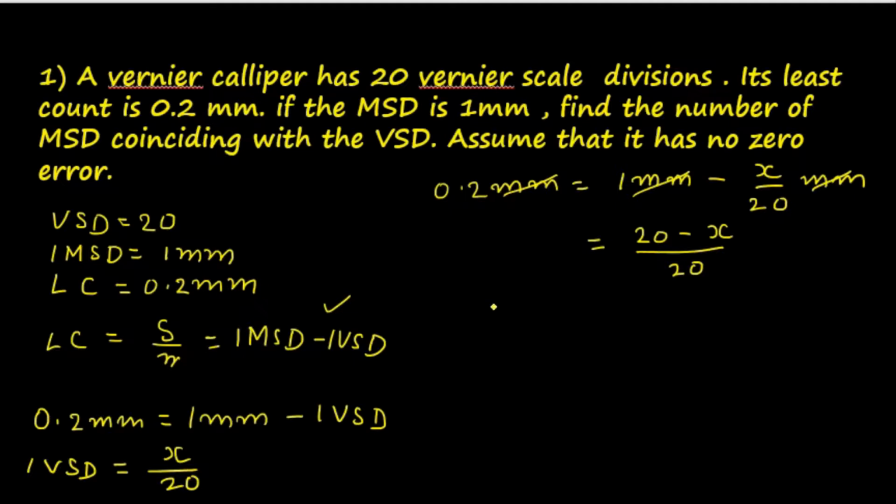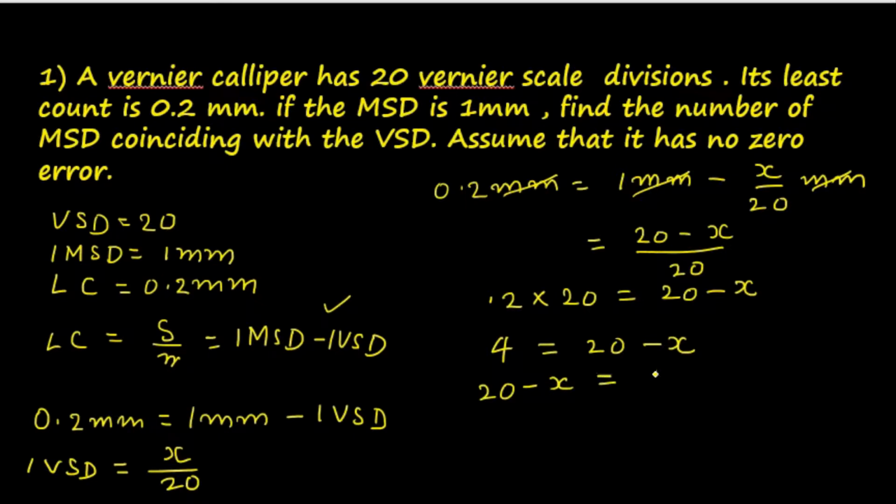So cross multiply. 0.2 into 20 is equal to 20 minus X. This becomes 4. 4 is equal to 20 minus X. For convenience, we will write it as 20 minus X is equal to 4. 20 minus 4 is equal to X. So that is 16 is equal to X.